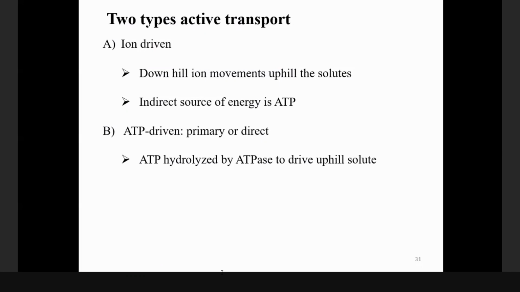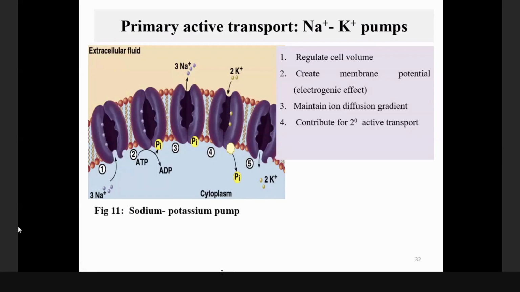So when one of the bonds is broken, energy is produced, and that energy moves substances from low to high, that's called against the concentration gradient. And that breaking down of phosphate is by an enzyme, called ATPase enzyme. So ATPase enzyme is very important for the hydrolysis of ATP, and energy is released, and that energy moves substances from low to high.